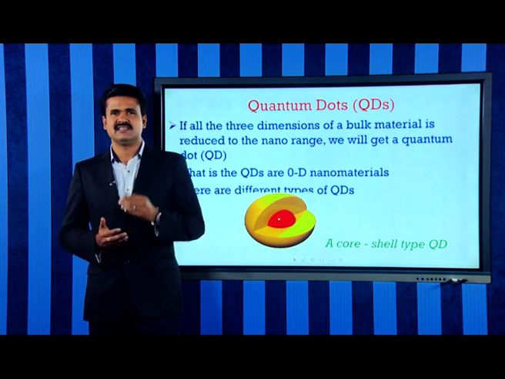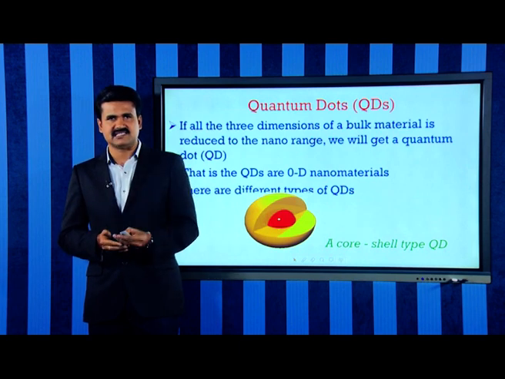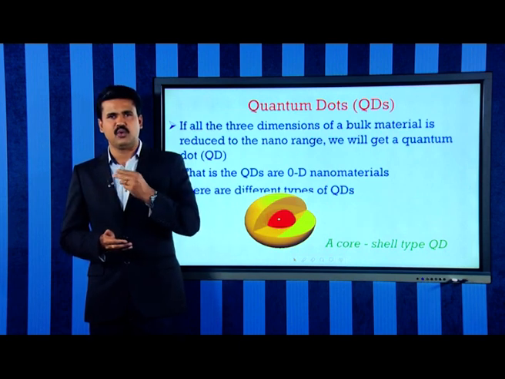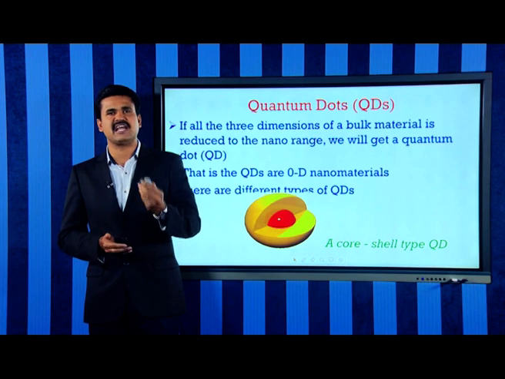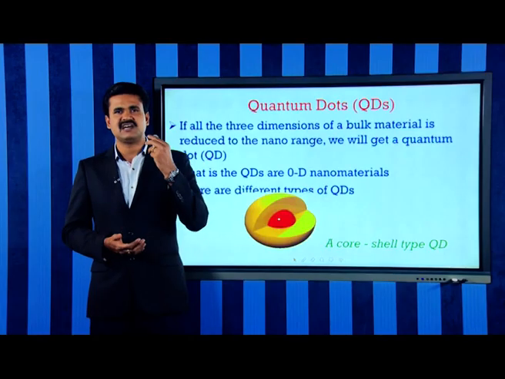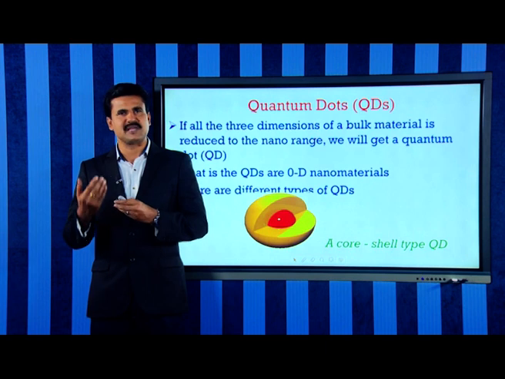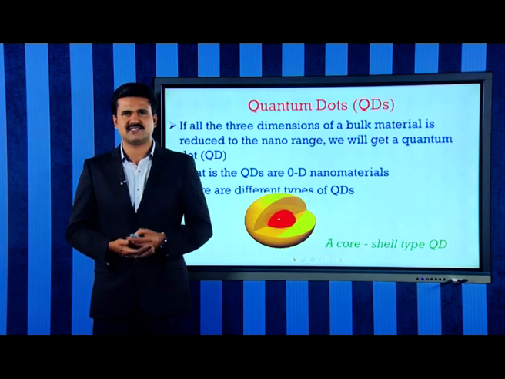That is, the confinement or restriction of the size is along all the three spatial dimensions. The picture represents a core shell type of quantum dot. There are several types of quantum dots which have several applications also. We can discuss quantum dots in coming modules.